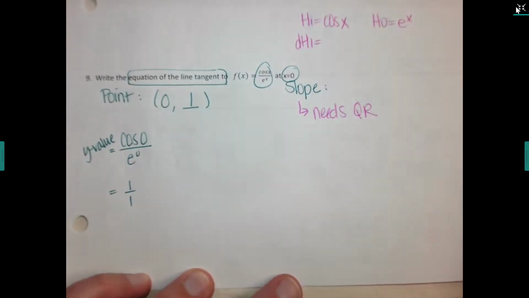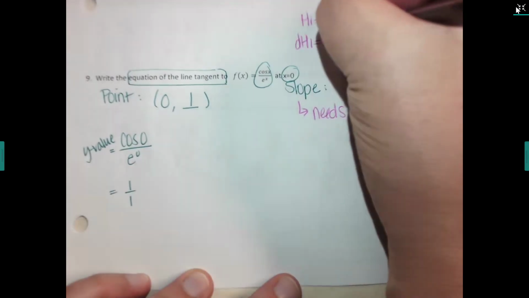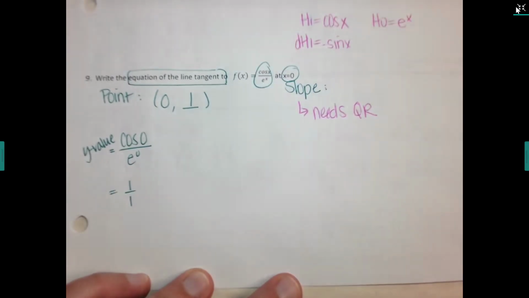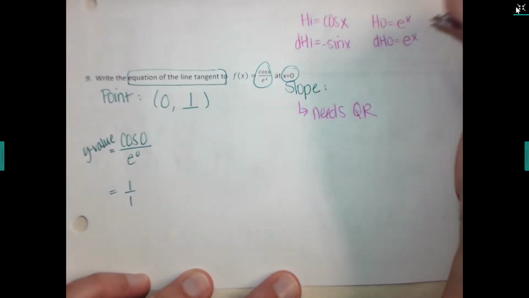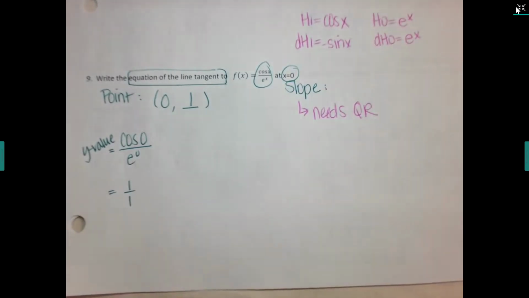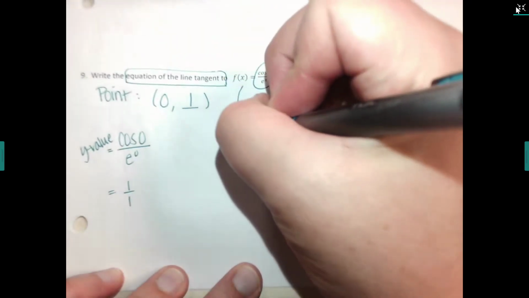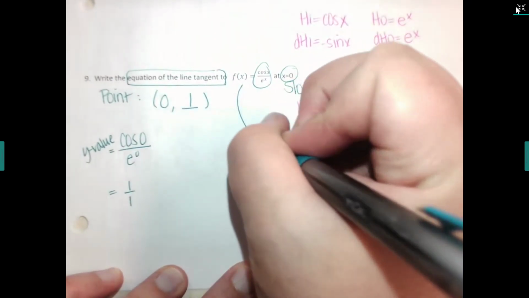So what is the derivative of cosine x? Okay, negative sine x is correct. What's the derivative of e to the x? Okay, and then let's write our derivative. So my original function is f. Then remember my derivative is called f prime.